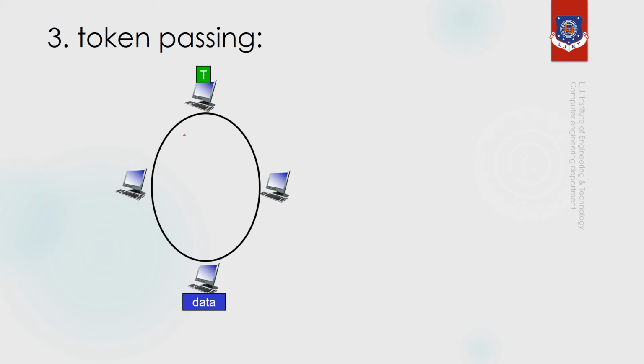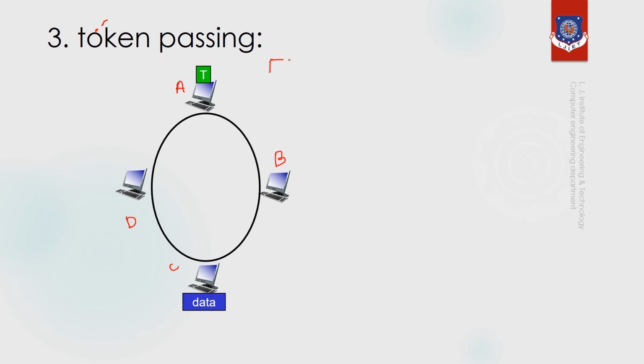In the token passing method, all the devices are connected in this manner, which is called a ring. Suppose there are 4 devices which are connected to each other: A, B, C and D. A token is a special bit pattern which circulates from one station to the next station.